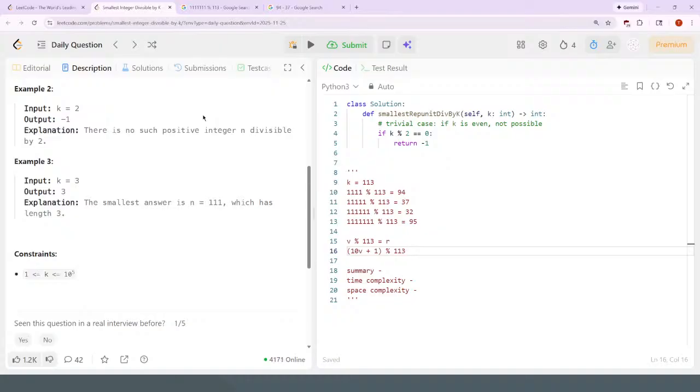I think that should be equivalent to doing 10v mod 113 plus 1.